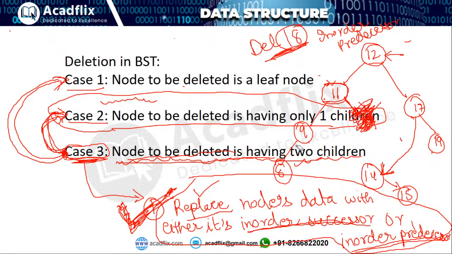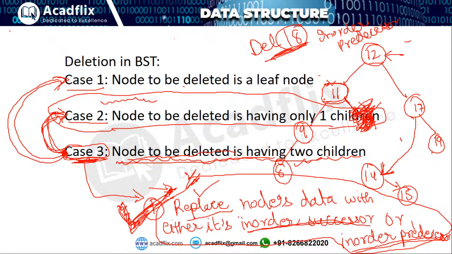The major takeaway is that I can convert case 3 to either case 2 or case 1 by performing this step. Once I have converted case 3 to case 2 or 1, I can easily do the deletion. Now Payal was asking why not replace it with 19. Payal, you can replace it with 19 also.